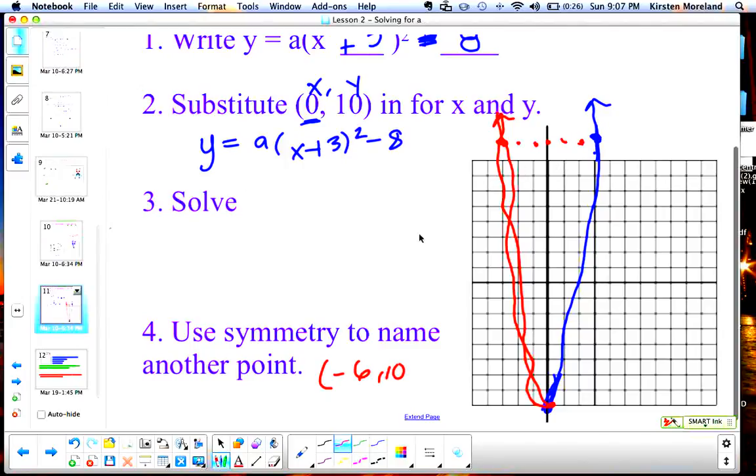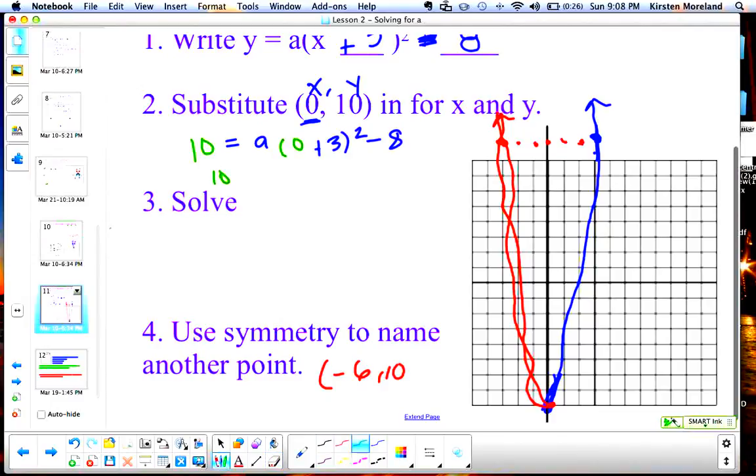And so when I go to solve, I'm already expecting this to be a big number because it's really, really narrow. Okay, so I'm going to take my equation, and I'm going to replace y with 10, and the x-coordinate with 0.